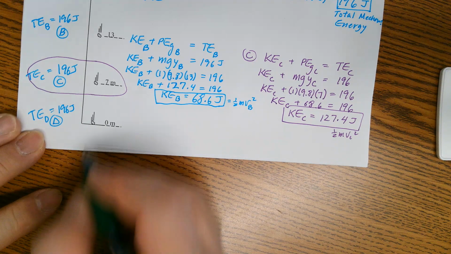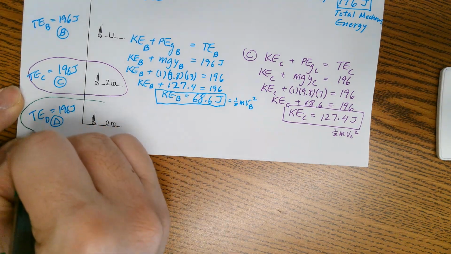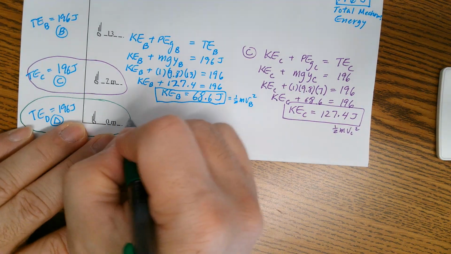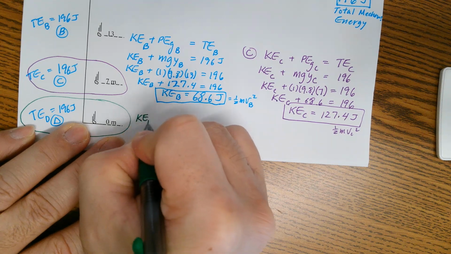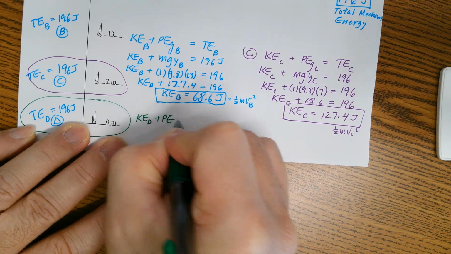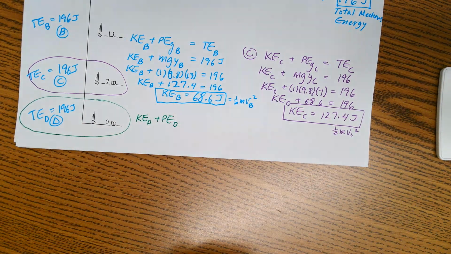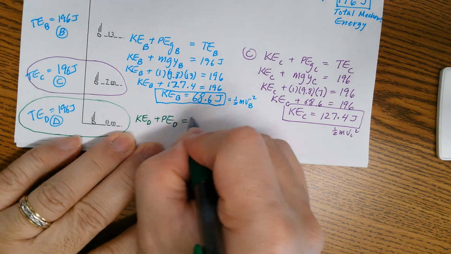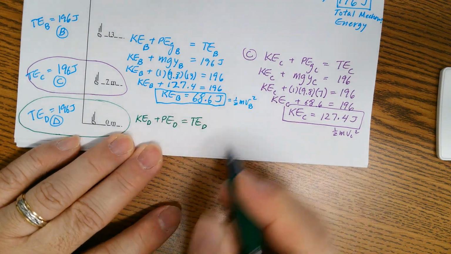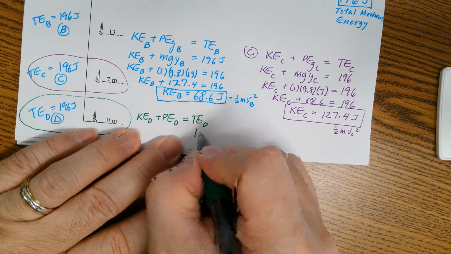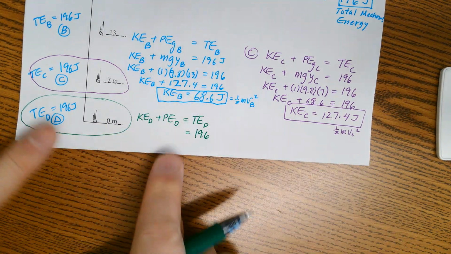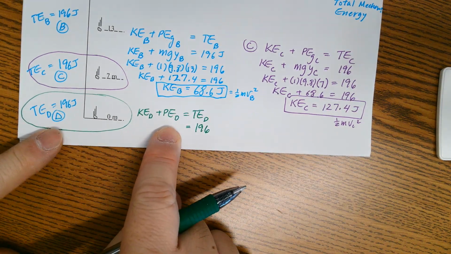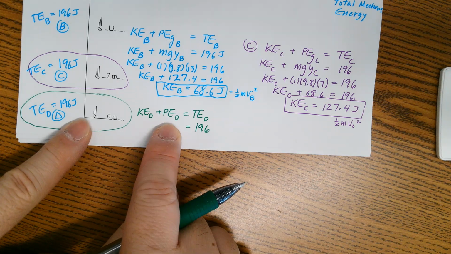And at D, kinetic energy at D plus potential energy at D is equal to total energy at D. We already know total energy at D is 196. How much potential energy do I have at point D?